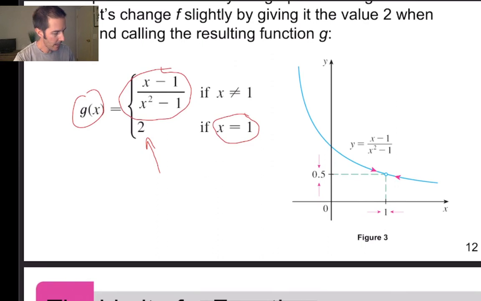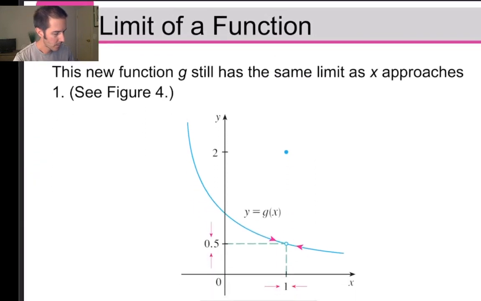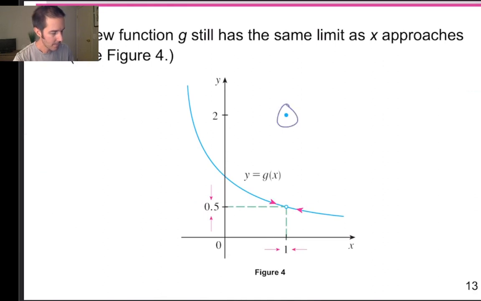We said that as our x values were coming in from the left, the y values were approaching 0.5. As our x values were coming in from the right, our y values were approaching 0.5. And then this function g of x defines our function when x equals 1 as having a corresponding y value of 2.